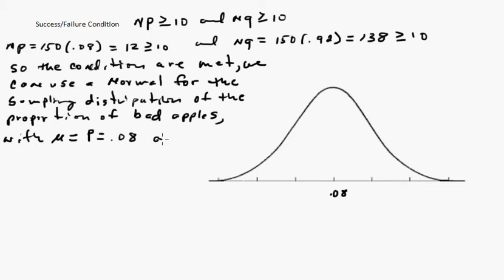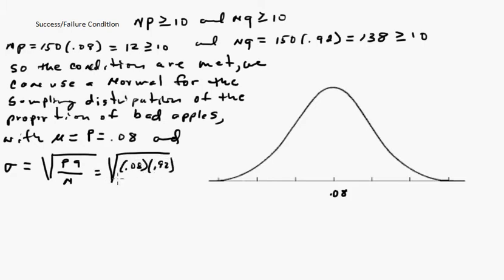And the standard deviation, which we have to calculate, is a function of p and the sample size: the square root of p times q divided by n, so that's the square root of 0.08 times 0.92 divided by 150.